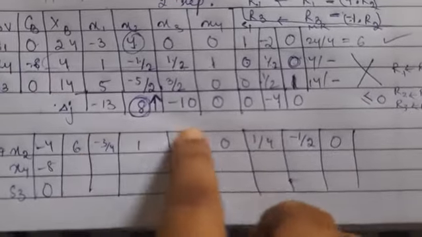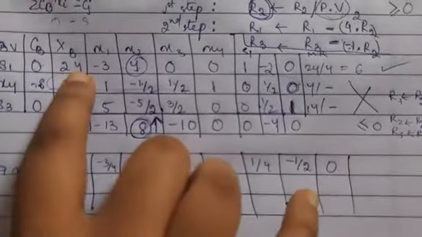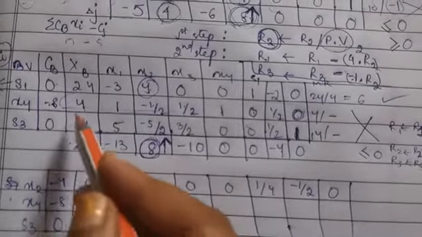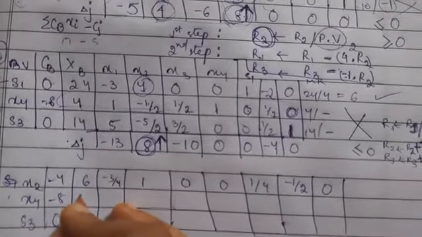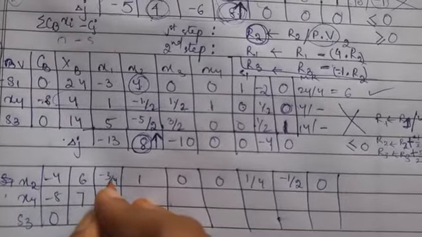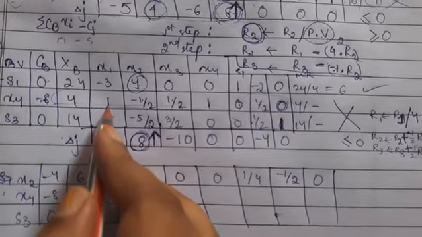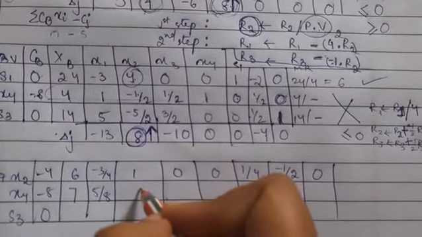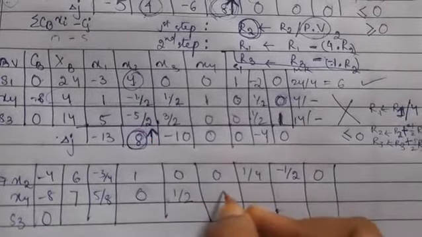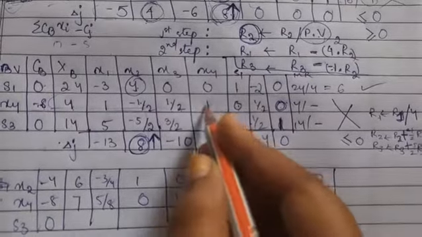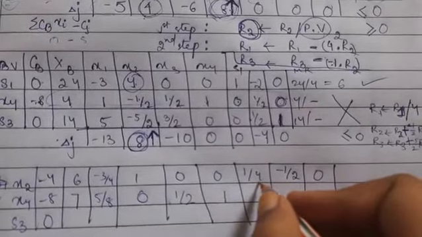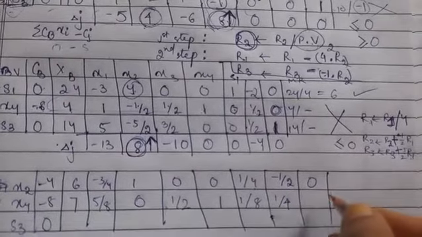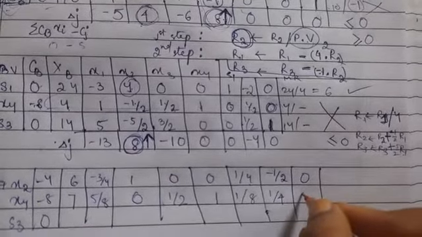So half of the value of this will be added with row 2 and written here, that is half is 3, added to 4 is 7, half is minus 3 by 8, added to 1 is 5 by 8, half of 0, then 1 by 2, then 1, because 1 plus 0, then half of this is 1 by 8, then 1 by 4, and then 0.